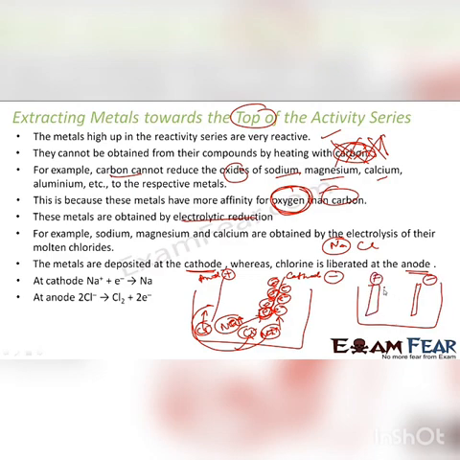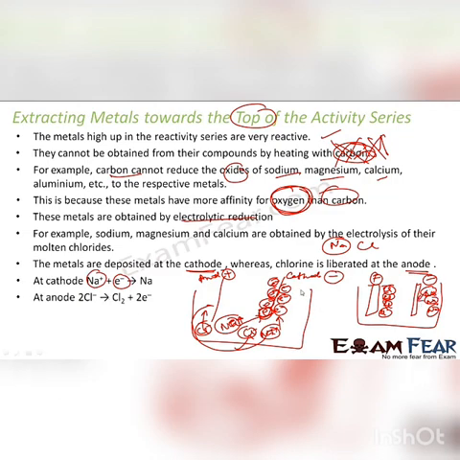All my chlorine ions will come here, and all my sodium will go to the cathode. So the Na plus from NaCl will get an electron from the cathode. It will become sodium and will get deposited here, right?